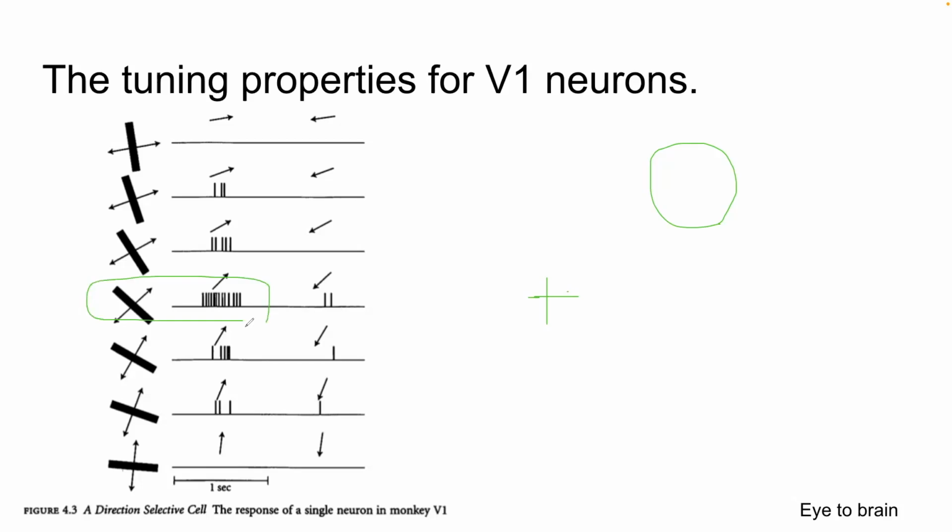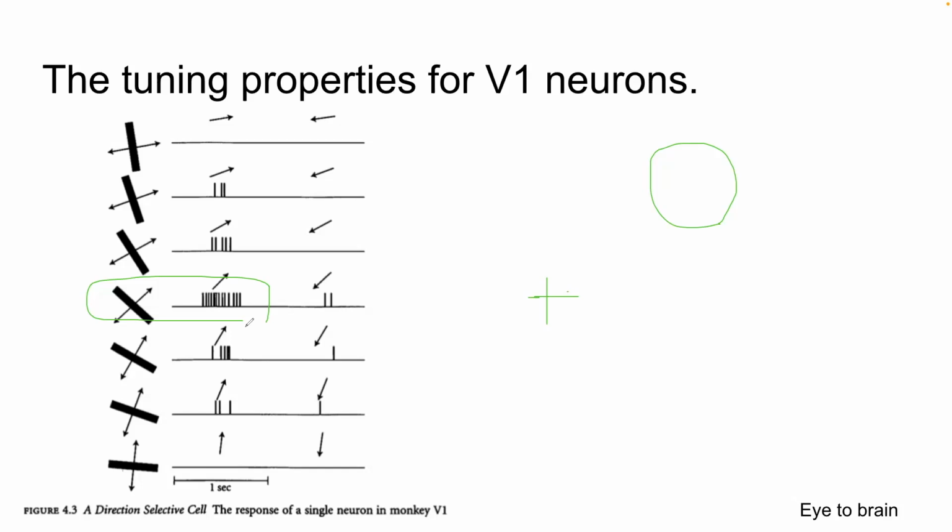What it means is that when I look at the fixation and show the stimulus in this particular orientation and direction, the neuron responds, but it doesn't show activity in the other direction. So that's the complexity introduced in V1.